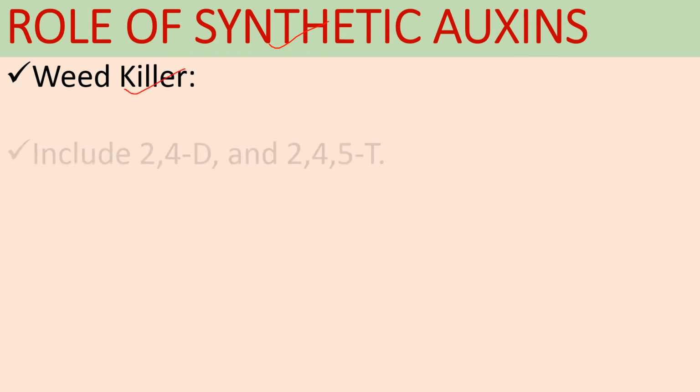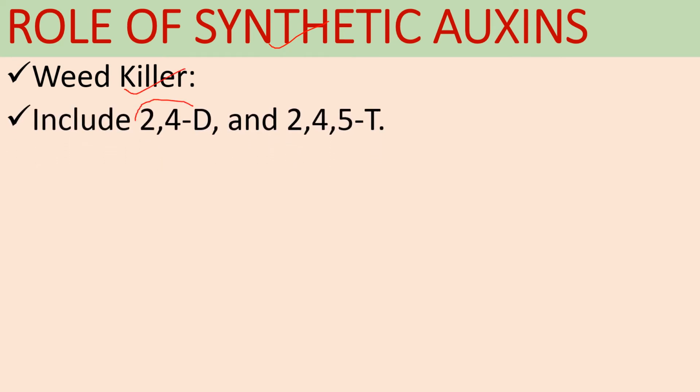Next, role of some synthetic auxins in various fields. Firstly, synthetic auxins are used as weed killers. These include 2,4-D, that is 2,4-dichlorophenoxyacetic acid, and 2,4,5-trichlorophenoxyacetic acid. They are weed killers and they are used as herbicides against broad-leaved herbs.